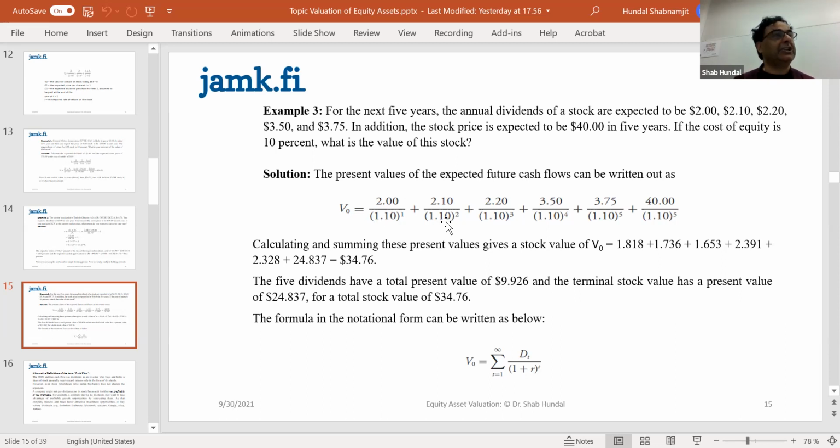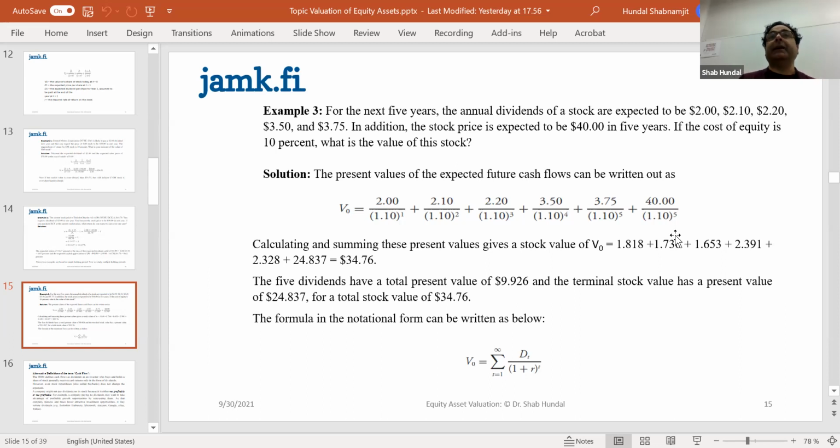Second year, 1 cash inflow. Third year, 1 cash inflow. Fourth year, 1 cash inflow. But when your investment period is over, in the 5th year, you will get 2 cash inflows. Number 1, you get the dividend as such, plus you expect to sell the stock at $40. So you get two cash inflows in the last year. Well said, Ivan. That is why 1.10 to the power of 5 is coming twice.